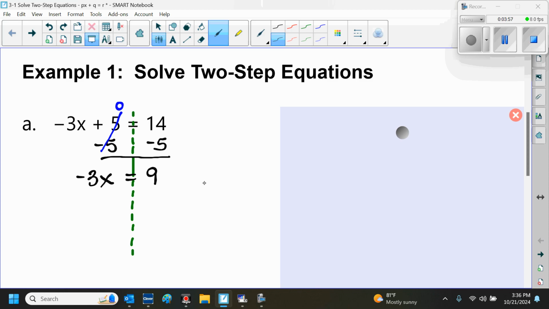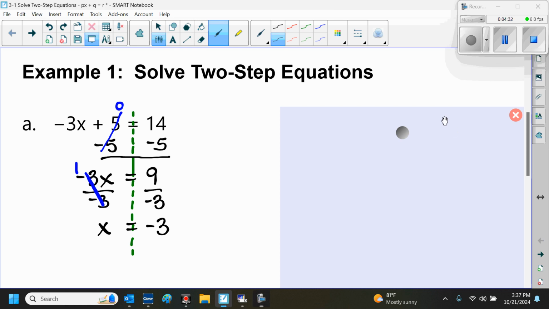Divide. We're using inverse operations. So we're going to divide by negative 3 on both sides. So negative 3 divided by negative 3 is 1. And 1 times x, what's anything times 1? Itself, right? So 1 times x is x. And then on the other side, we have 9 divided by negative 3, which is negative 3.